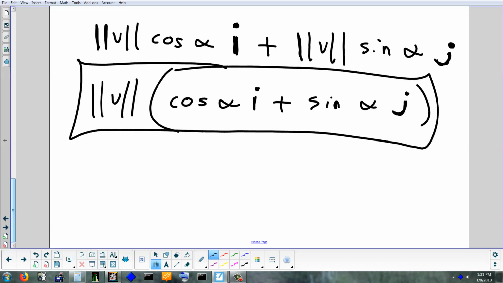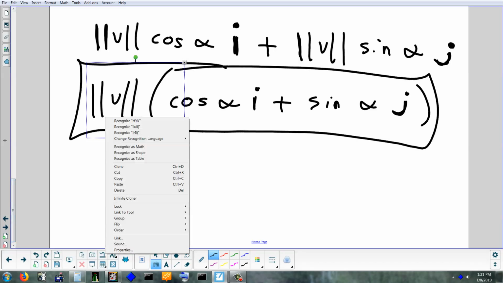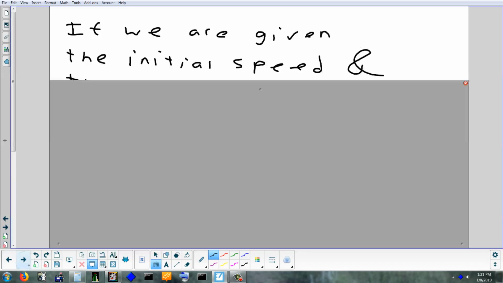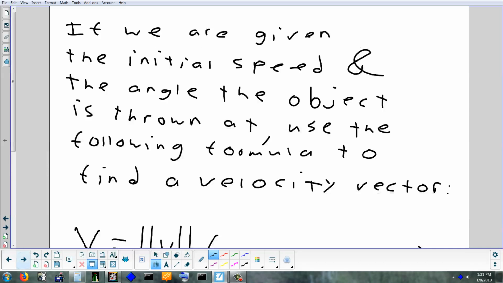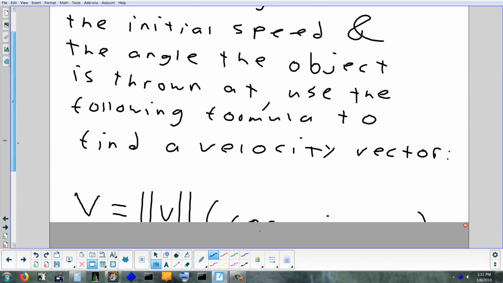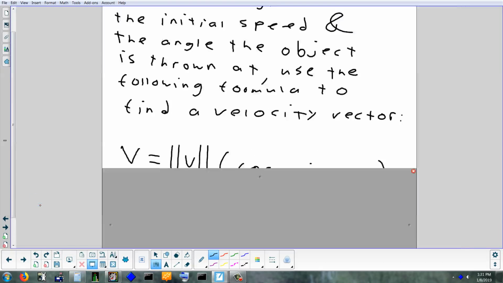There's two things they have to tell you in the problem. One, how fast is the object being thrown, launched, projected, whatever. Two, what's the angle that it's being projected at? So if you're given an initial speed and an angle, use the following formula. It's the formula I just gave you.